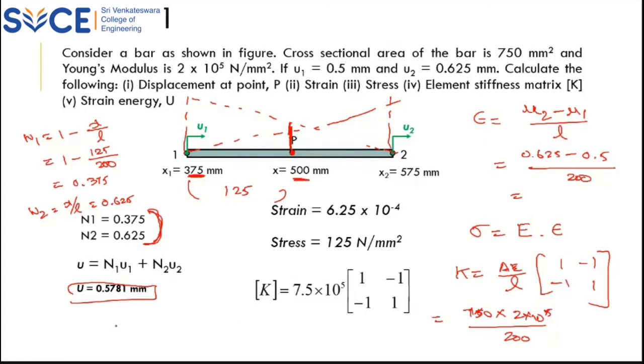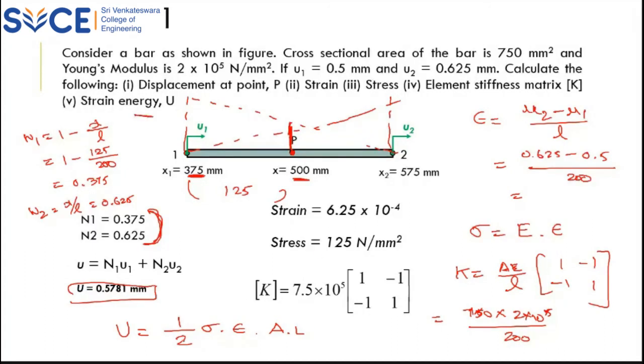Okay, next, strain energy. Strain energy is half of the integral of stress into strain into dV, where V is the volume. Volume I can write as cross section area into length. They're asking strain energy also.